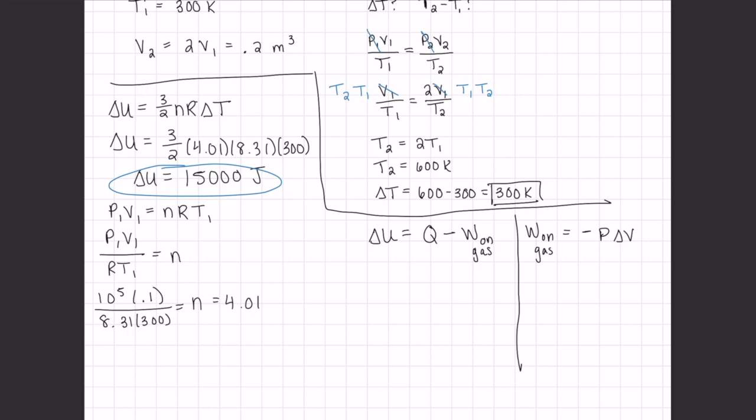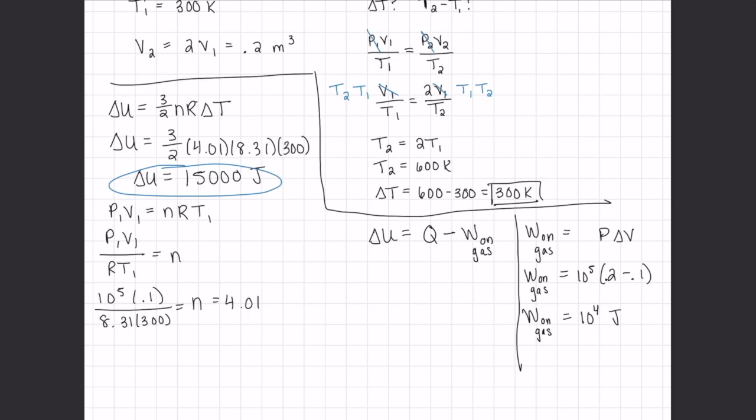Since the volume is expanding, the gas is doing work, and therefore the work done on the gas should be negative, and the work done by the gas would be positive. So our work by the gas is going to be our 10 to the 5 times our change in volume, 0.2 minus 0.1. So that'll give us 10 to the 4 joules.